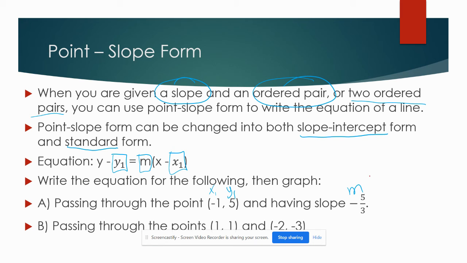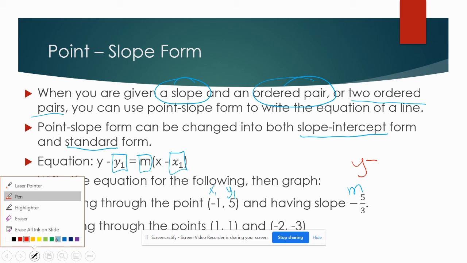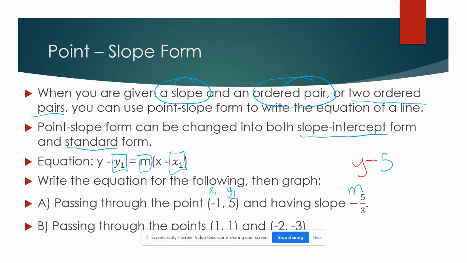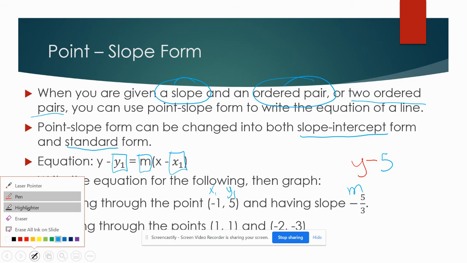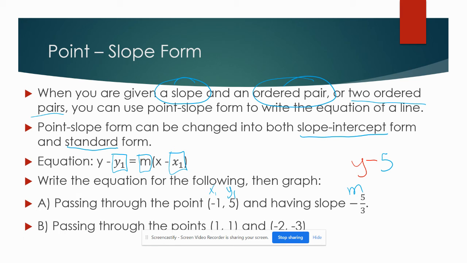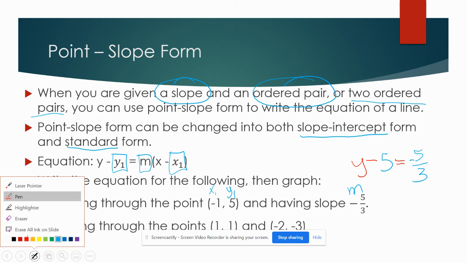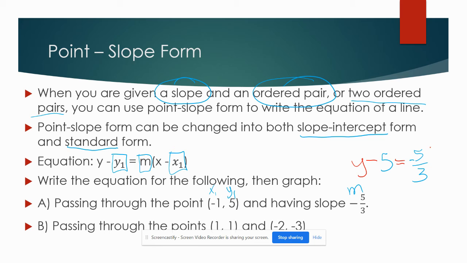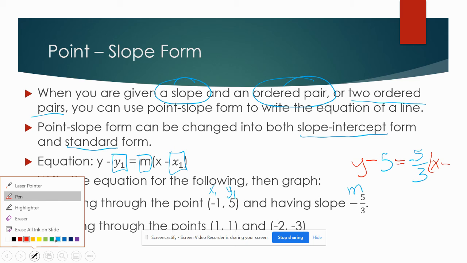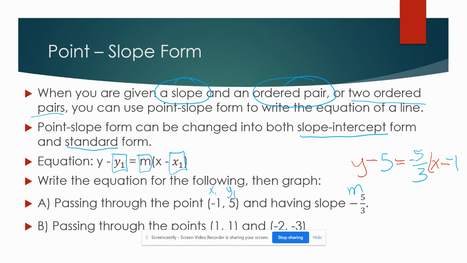So our equation, we would start with y minus y1, which is 5, equals, I'm color coding this so you see what I'm changing and what I'm not changing, the slope, negative 5/3, times x minus x1, which is negative 1.